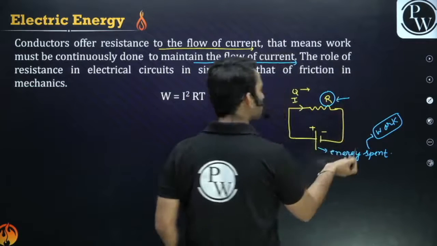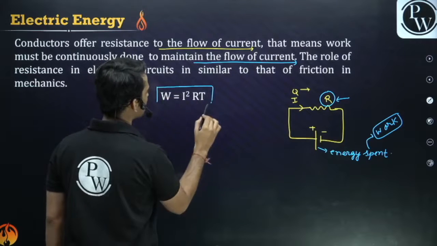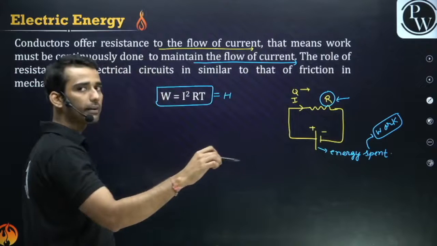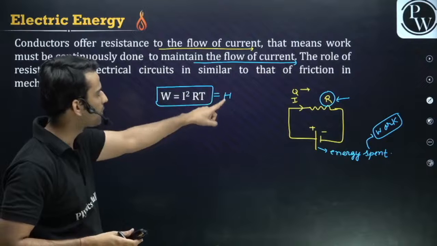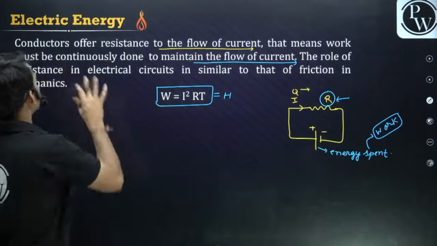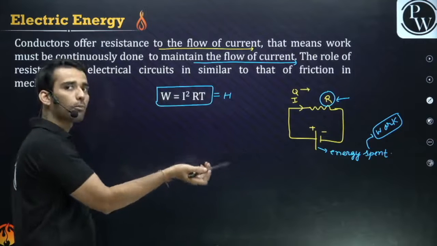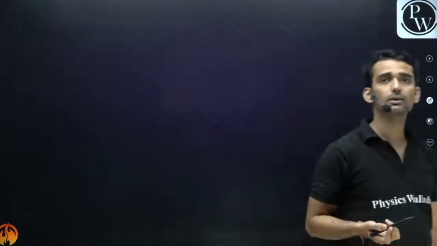Resistance dissipates all that energy in the form of heat. That's why here work is equal to heat. All work done by the battery, all the electrical energy spent by the battery, will go in the form of heat in the resistance. So this is electrical energy. This is nothing but I square R T in the form of heat. Clear? So electrical energy is I square R into T.